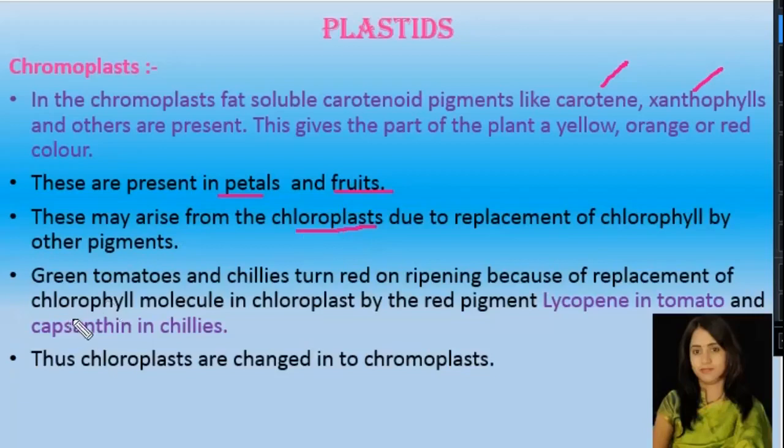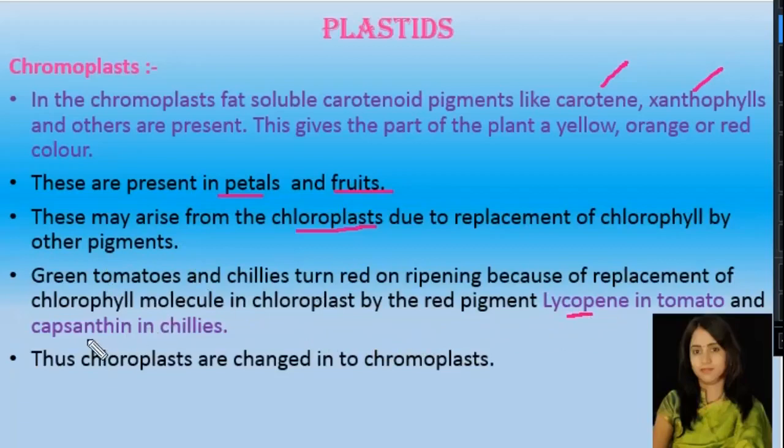Okay, and you have seen the green tomatoes and chilies. The green tomatoes turn red on ripening because of the replacement of the chlorophyll molecule in the chloroplast by the red pigment called lycopene. So when the tomatoes are green in color, the cells consist of chlorophyll, and this chlorophyll will get changed into the red pigment called lycopene.